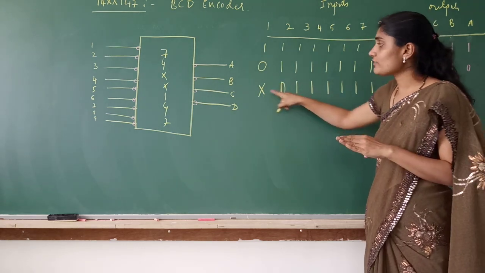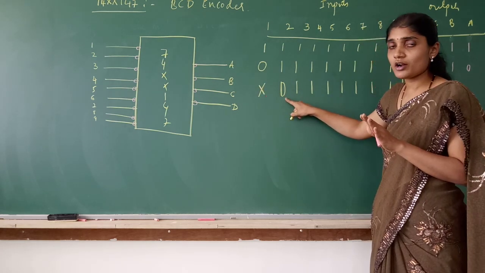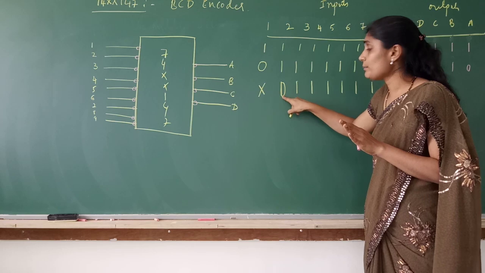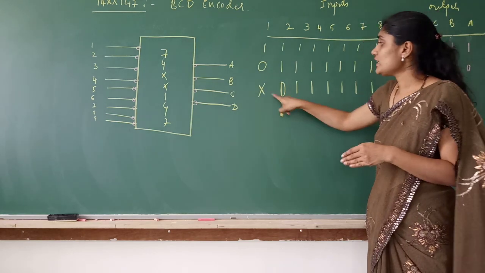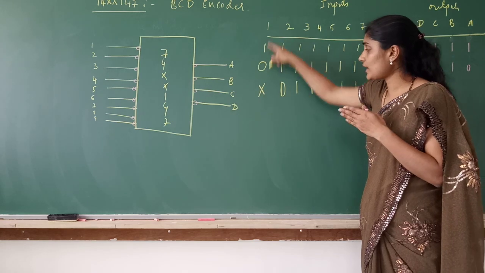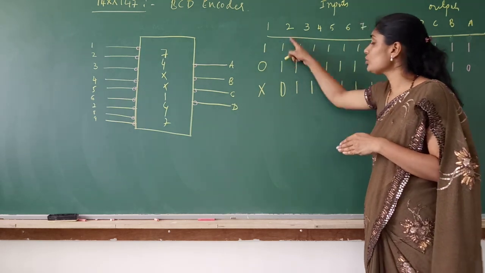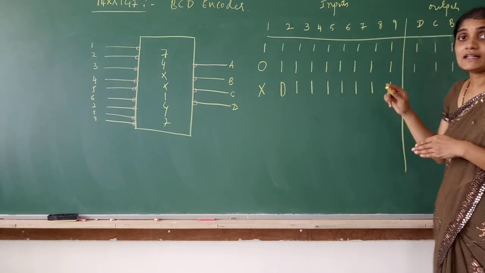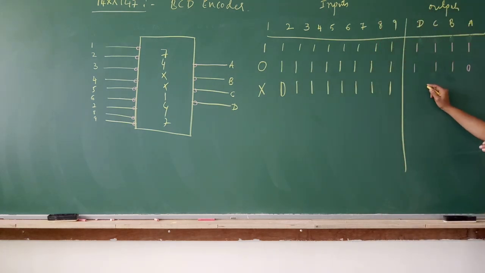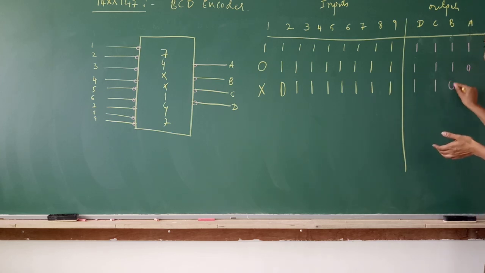If 2 is active, the encoder will not check 1. The higher number will be encoded. So how is 2 encoded? 0, 0, 1, 0. But since the outputs are active low, we don't write 0, 0, 1, 0. We write 1, 1, 0, 1. Correct?